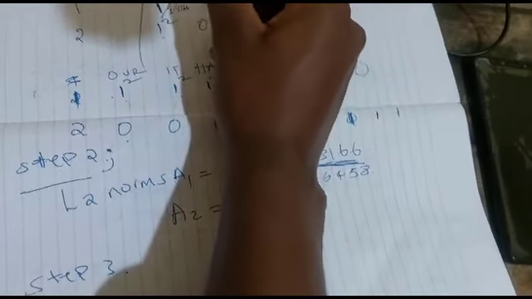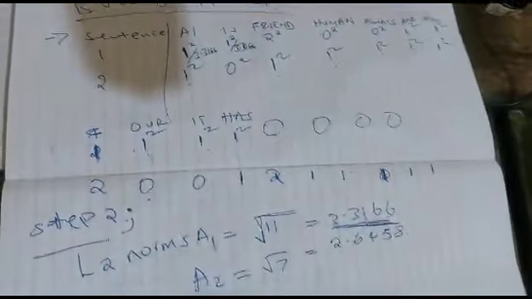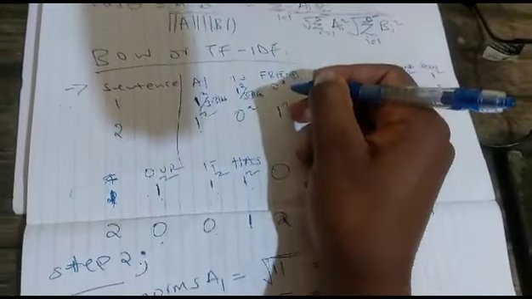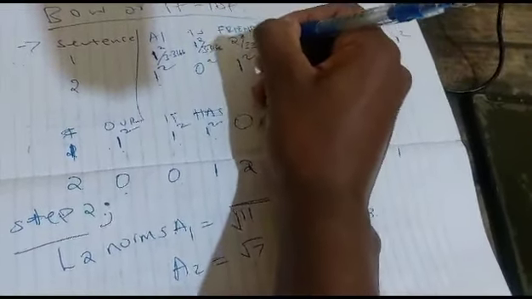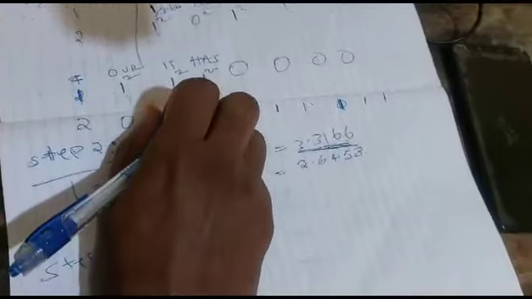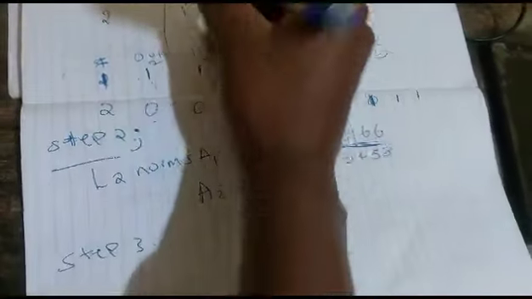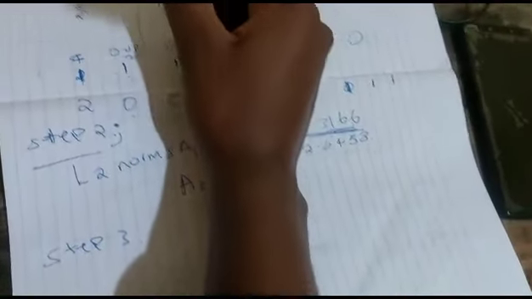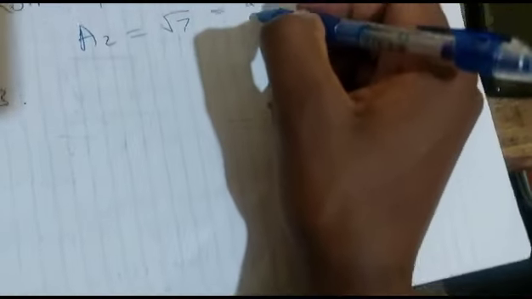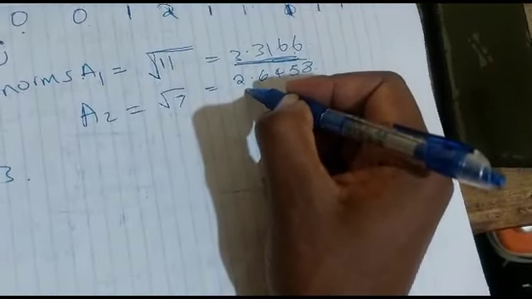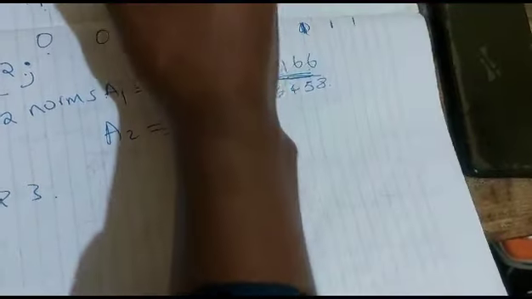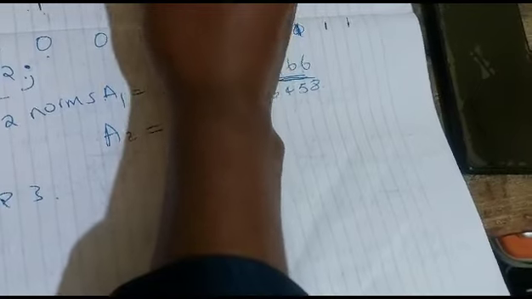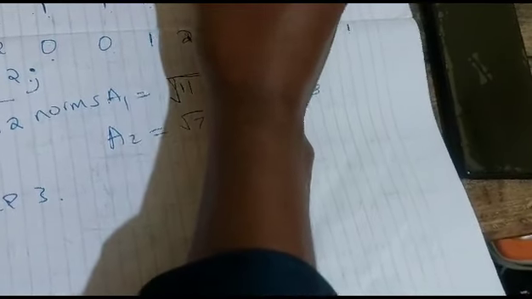Again, with this one, divided by 3.3166. See, this one also divided by 3.3166. You do for all this, you divide by 3.3166. For sentence 2, you will divide 1 divided by our L2 norm for A2 for sentence 2, which is 2.6458.